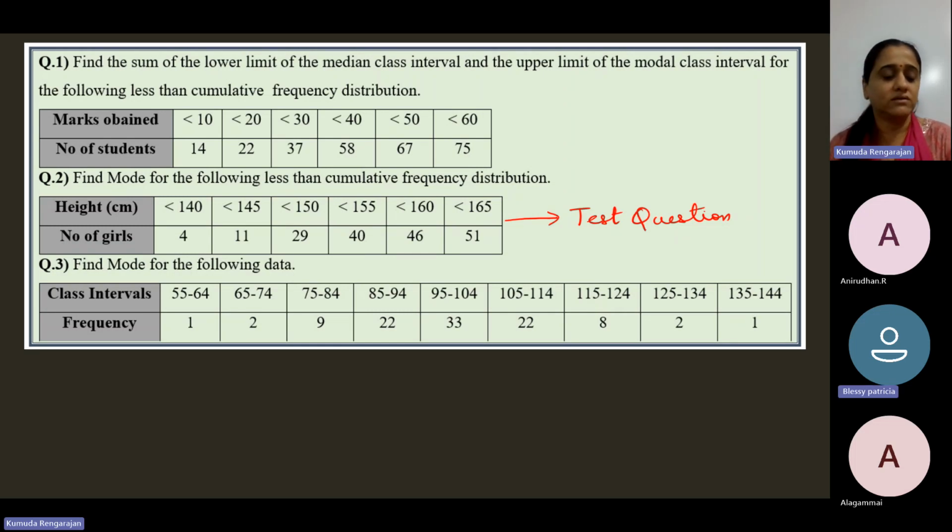Yeah. Aniruddhan, class intervals? Ma'am, 135 to 140, 140 to 145, 145 to 150. Okay, one minute. So these numbers in the table, 140, 145, 150, are they the upper limits or lower limits?